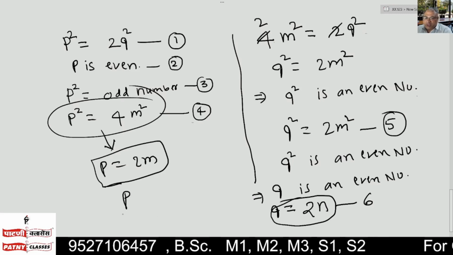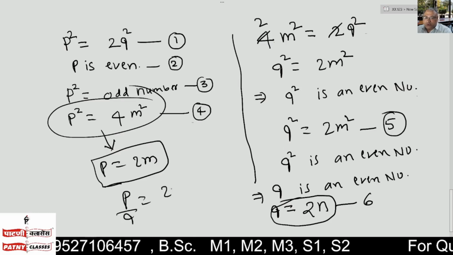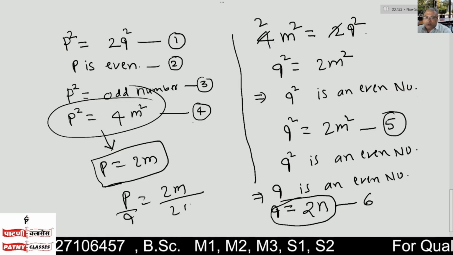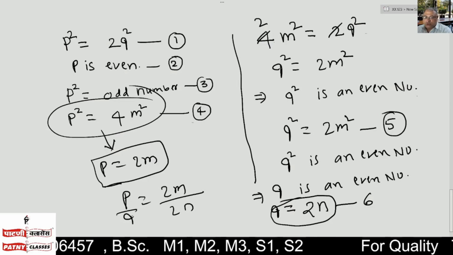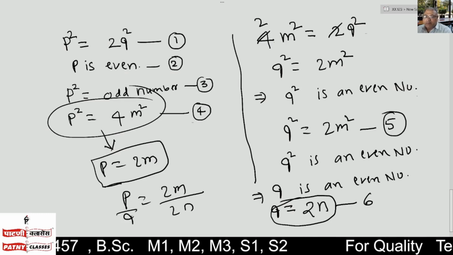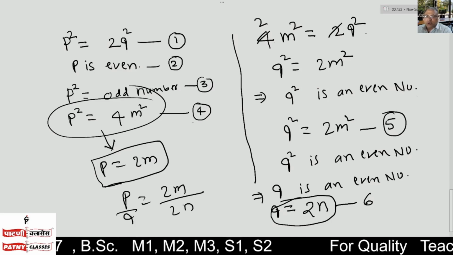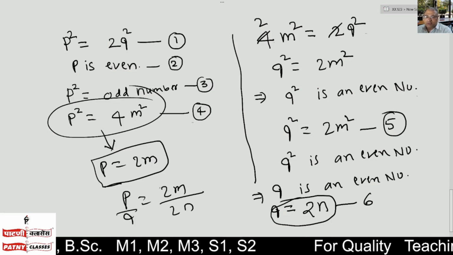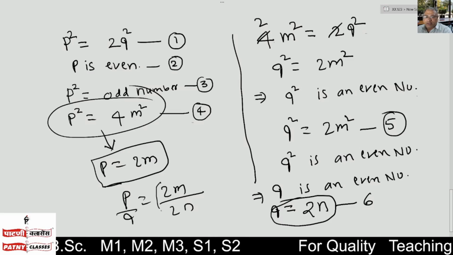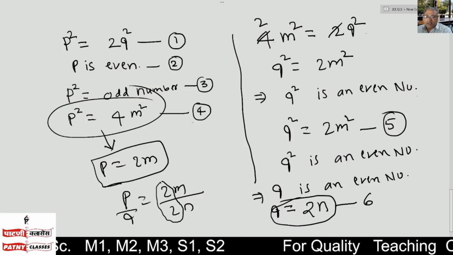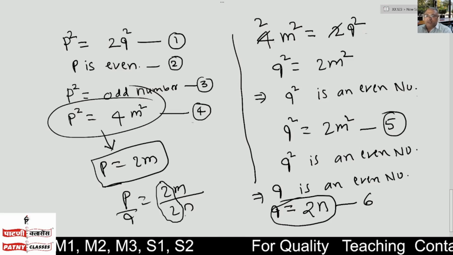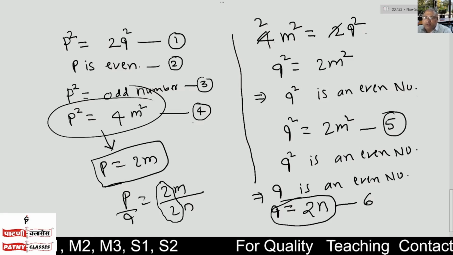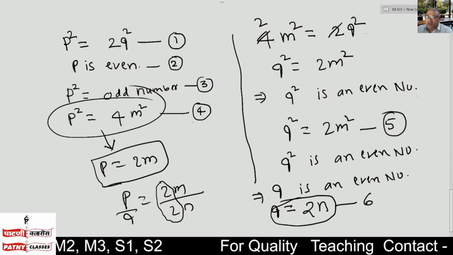Therefore, p upon q equals 2m upon 2n, and we already said that p and q should not have any common multiplier if it is a rational number. But here we find that p and q have a common factor, that is 2, whereas earlier we said they do not have a common factor.